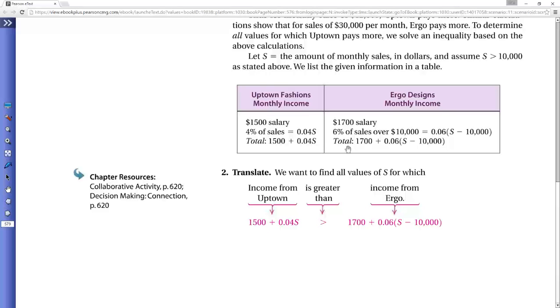What we want to know, and we could do this a couple different ways, is when is income from Uptown going to be greater than income from Ergo? And that's how they write this inequality. They took these expressions and put an inequality, because we're not really saying when will it be exactly the same.